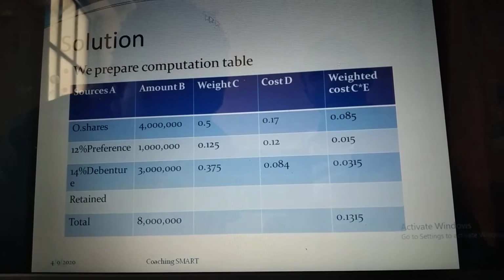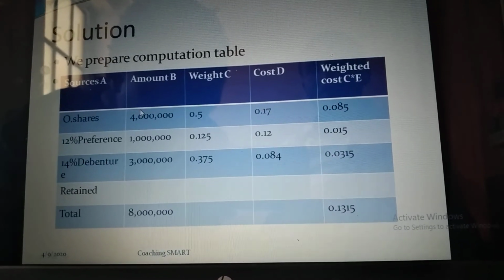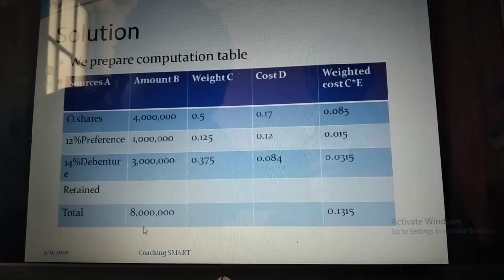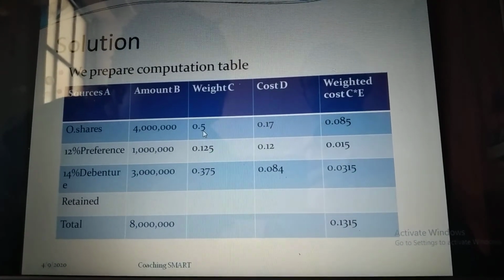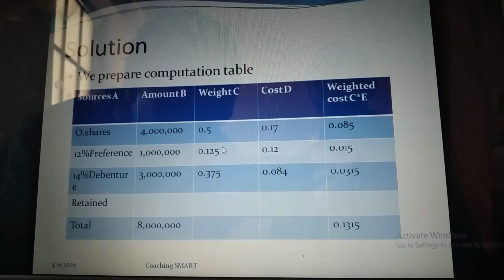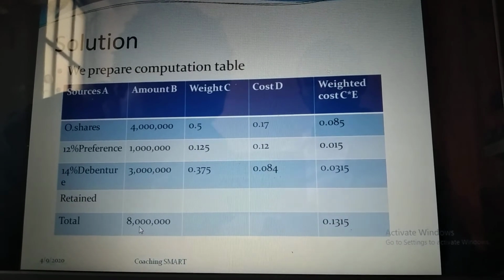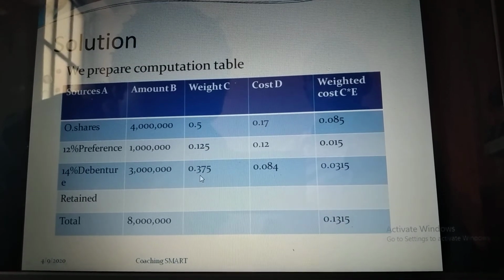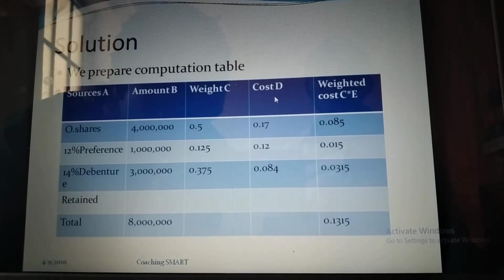How do you get the weight? You say 4 million divided by the total 8 million gives you 0.5. 1 million divided by 8 million gives you 0.125. 3 million divided by 8 million gives you 0.375.